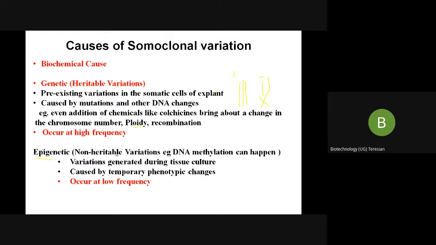So this is only a phenotypic change. The progeny cannot have that same tanned color. So epigenetic changes are non-inheritable, whereas genetic changes are heritable. If biochemical changes are happening in the chromosome, then obviously they are heritable variation.